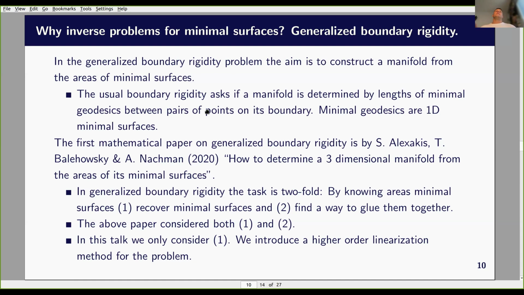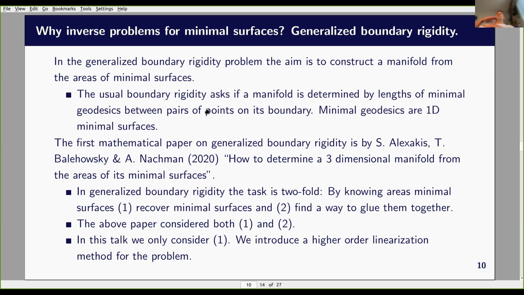Note that in generalized boundary rigidity, the task is twofold. By knowing the areas of minimal surfaces, there are two things to do. First, recover the minimal surfaces, and second, find a way to glue these two-dimensional minimal surfaces together to get the three-dimensional manifold.